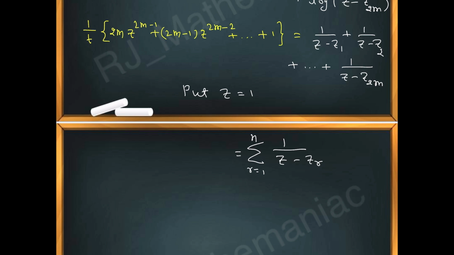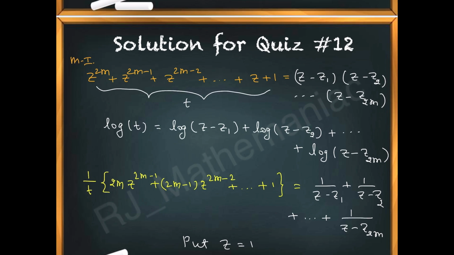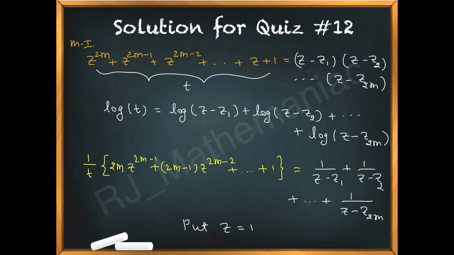If I put z equal to 1 in this expression, it is 1 up to 2m, that is a summation, so it is 2m times (2m plus 1) divided by 2, multiplied with 1 by t. Now what is t? This expression.